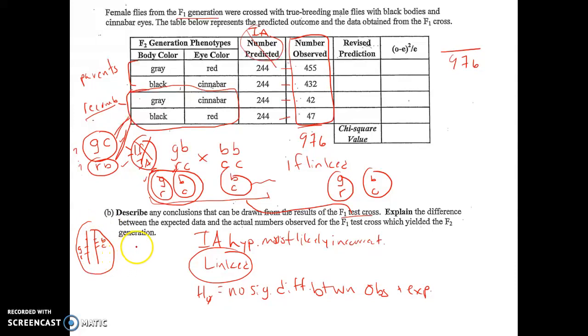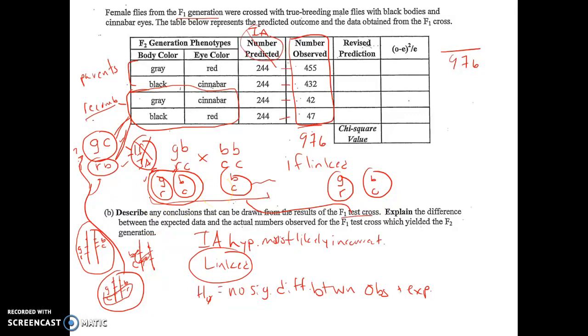But if you had recombination, your chromosome stick diagram is going to look like this. Gray and cinnabar, and then black goes with red. So this is the recombination bit down here, and this would lead me to getting these two right there, the red with the black.